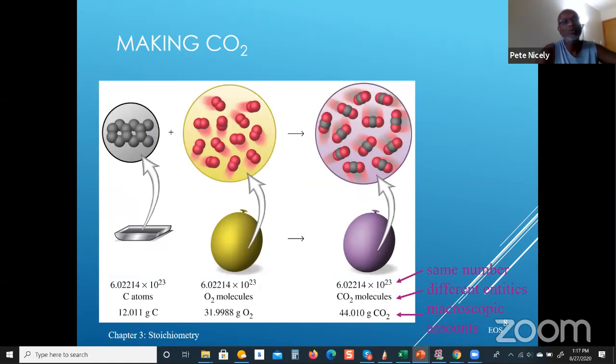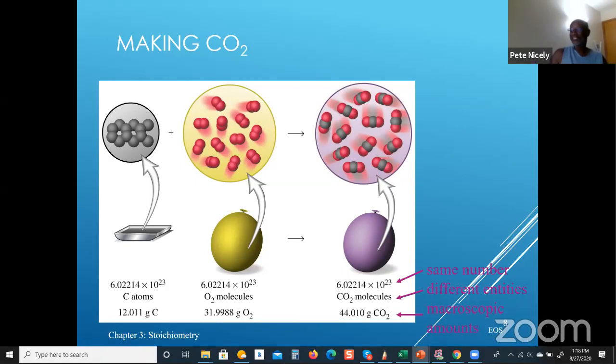So if it's a 1-to-1-to-1 ratio between the carbon, oxygen, and carbon dioxide, then basically when it comes to Avogadro's number, it will be the same ratio, which would be 1 mole to 1 mole to 1 mole. So if you have a balanced equation, the coefficients represent not only the number of molecules or formula units, but it also represents the relative number of moles of the substances involved in the reaction.